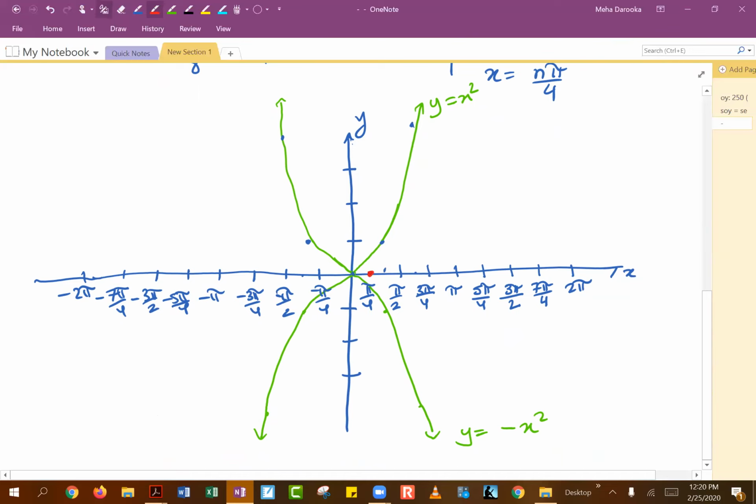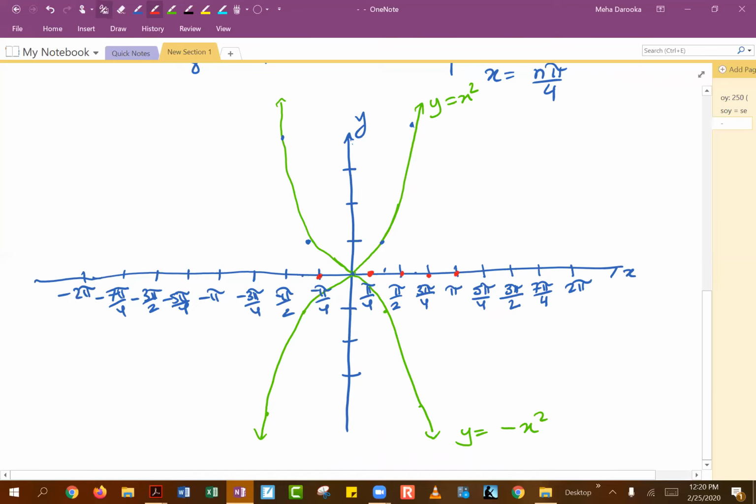And then which one would be my next x-intercept? Yeah, pi over 2. And then 3 pi over 4. So at all of those markers that we just drew, it's going to have an x-intercept.